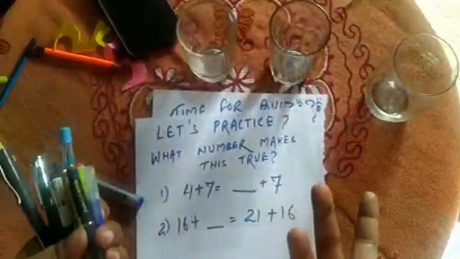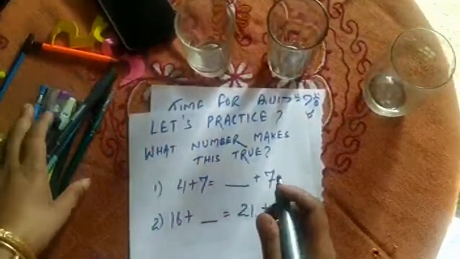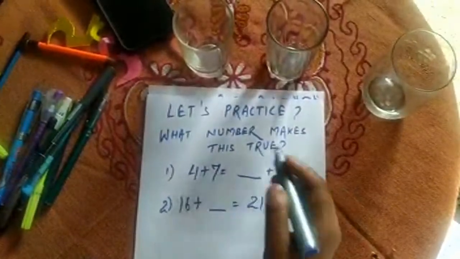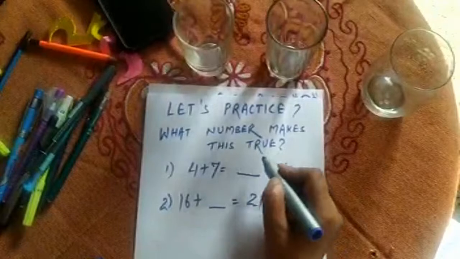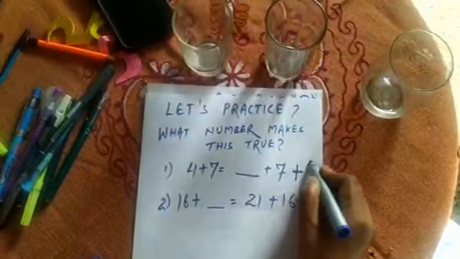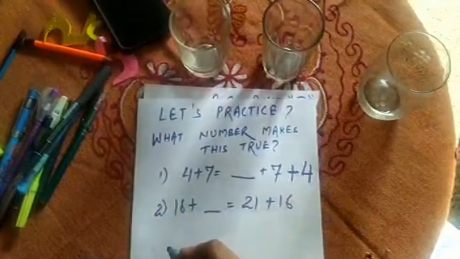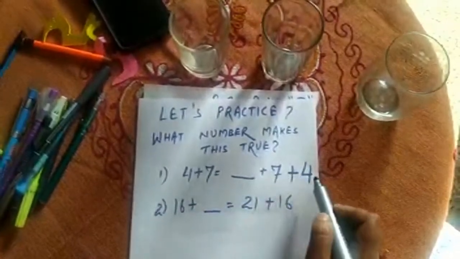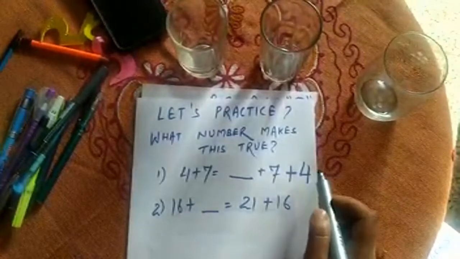Here the sum is the same. It means when we are changing the order, the sum is not changed. So 4 plus 7 equals 7 plus 4. If we are changing the order of the addends, the sum remains the same.